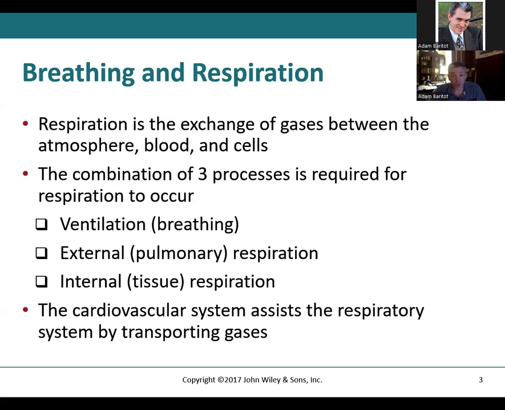Within our body tissues, we have internal respiration, where the oxygen will leave our red blood cells and go to our tissues, our various cells throughout our body, and our bloodstream will pick up any waste products such as carbon dioxide. The cardiovascular system assists the respiratory system by transporting gases. The circulation of blood is at least in part to collect that oxygen and travel it around the body.